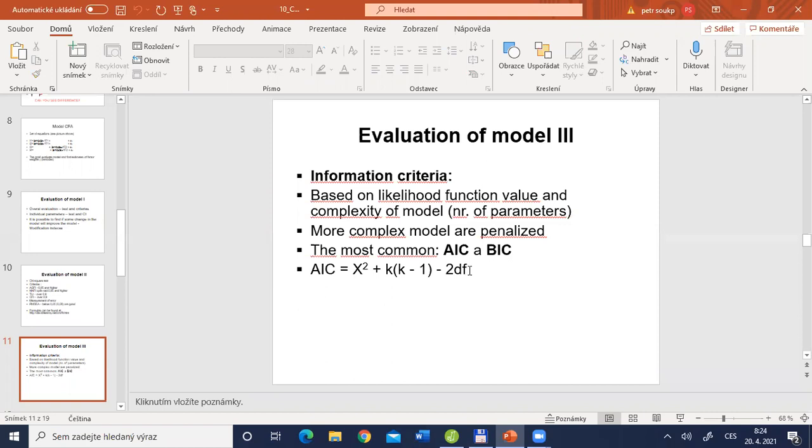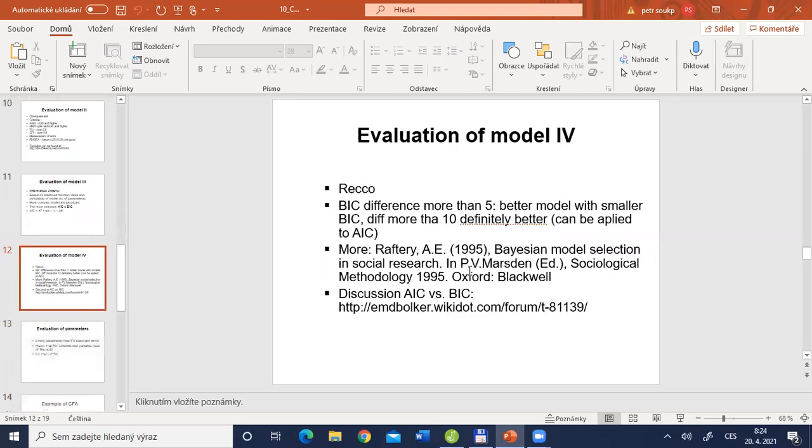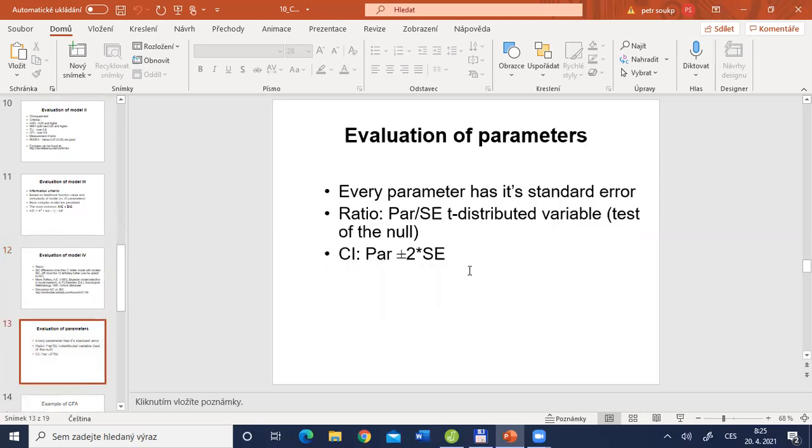For BIC, there are also some specialized recommendations, such as a difference of 5 points or more being a sign of a better model. So this is the evaluation of these differences. Here you also have the literature related to these recommendations. So that's about the general evaluation of the model as a whole.